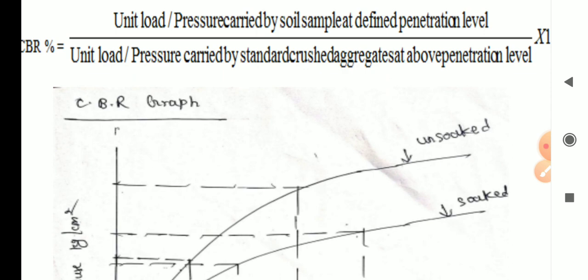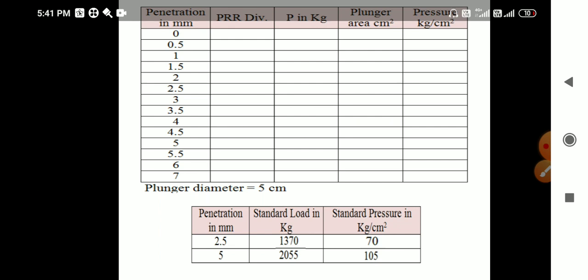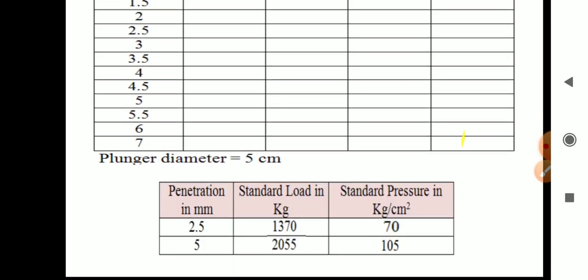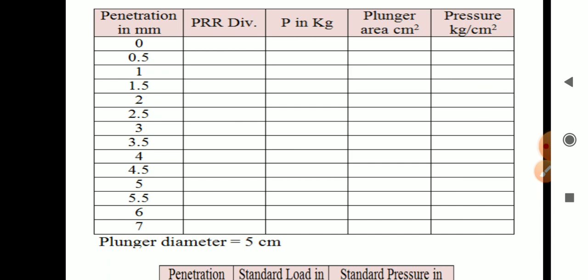In the numerator, we have to note down how much pressure we get, using this table. In the denominator it is 70 for 2.5 mm, and similarly 105 for 5 mm.